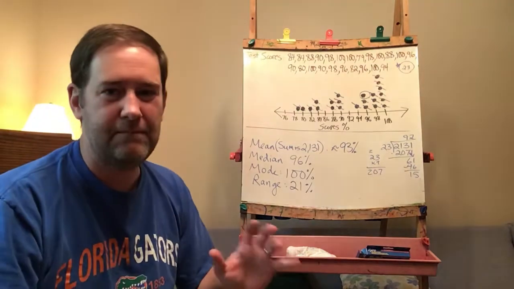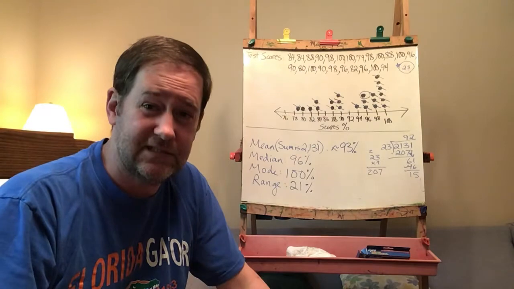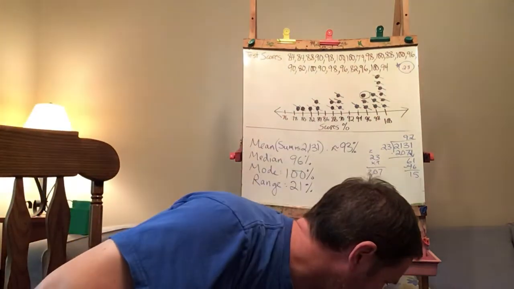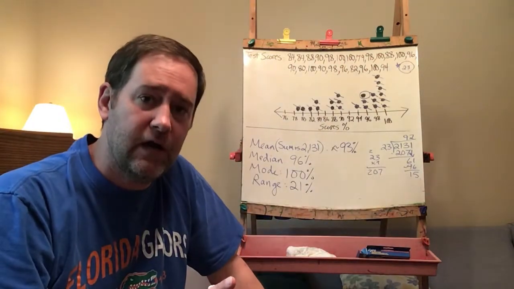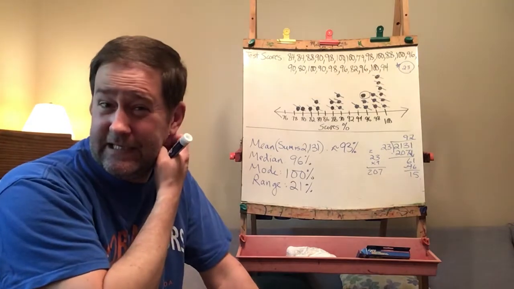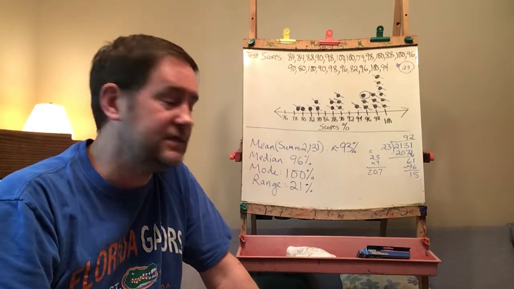So dot plot, line plot, synonymous. Sometimes they don't use dots, they use X's. Don't be confused, it's the same business. Okay, real quick, this was Module 16, Lesson 4, just following right after the box plot lesson. Now we're on dot plots, line plots.